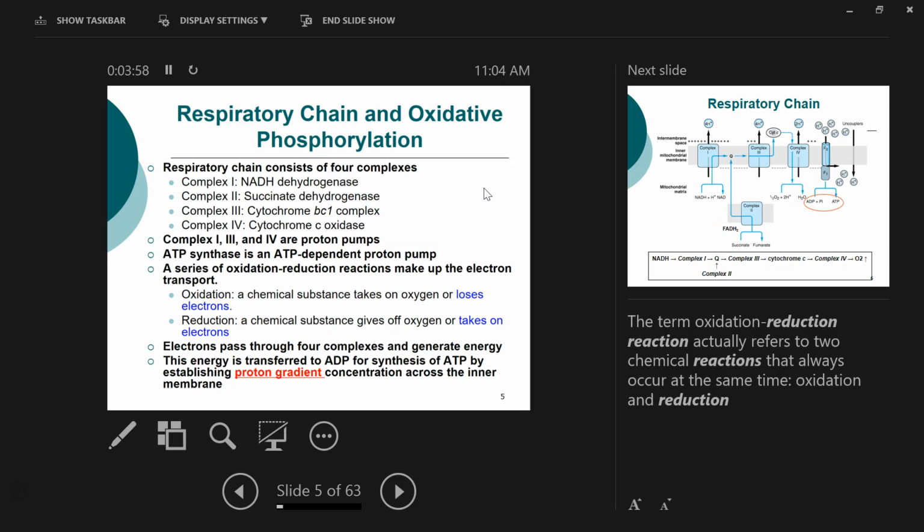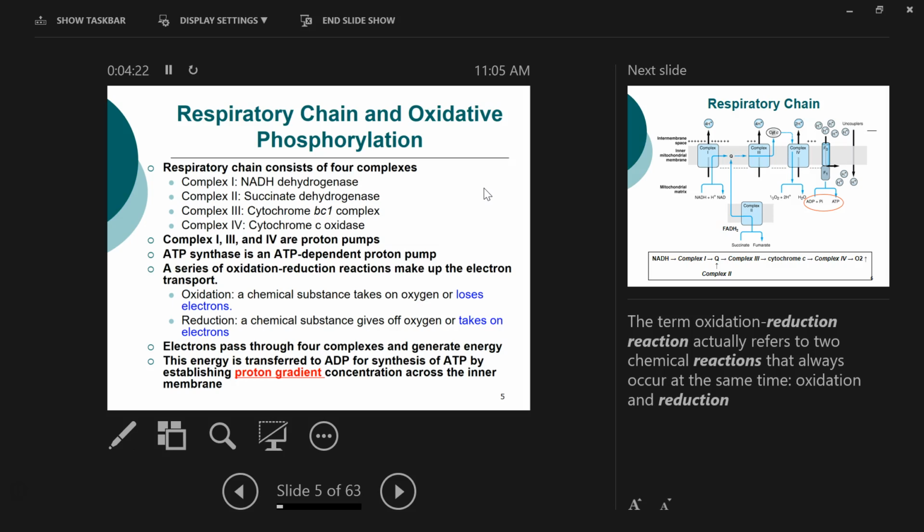are the proton pumps. That means during the electron transport activities, protons can be pumped out of the inner mitochondrial membrane. Meanwhile, a proton concentration gradient can be generated across the inner mitochondrial membrane.